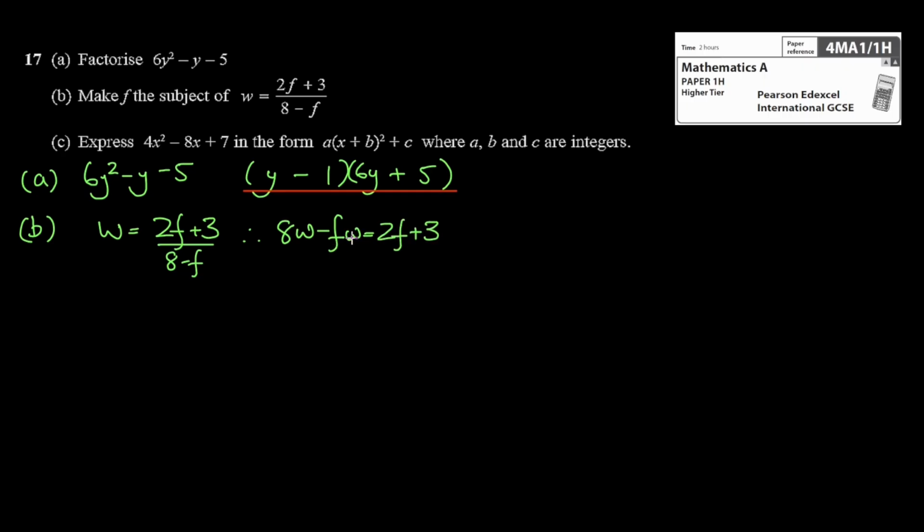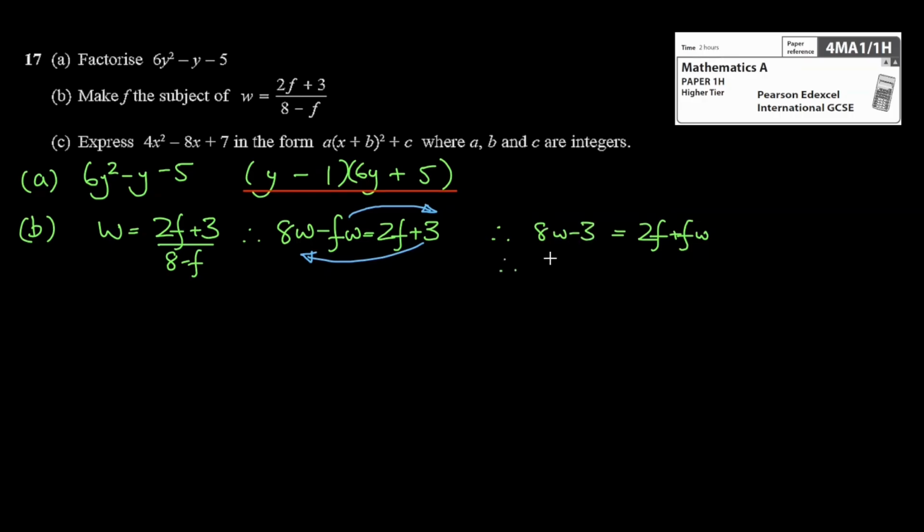You've got to decide what side to put your f's on, and I would suggest you put them onto that side, which means the 3 will come over here. Doing that, we get 2f plus fw on this side, and this side will be 8w minus 3.